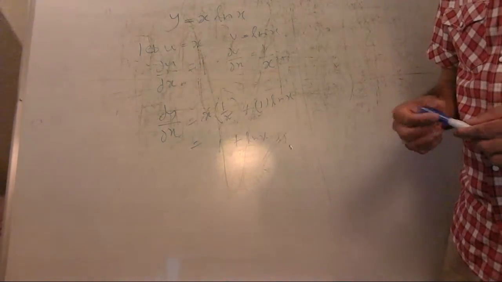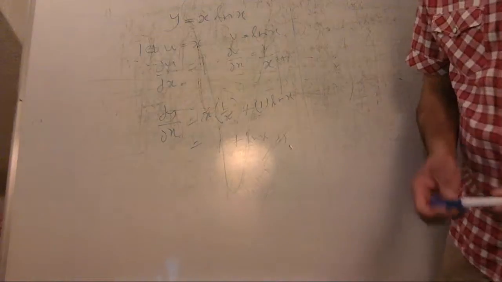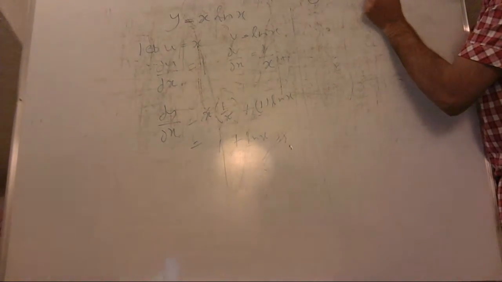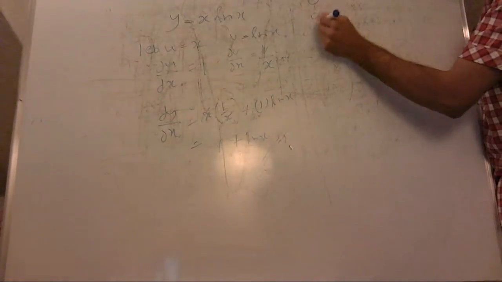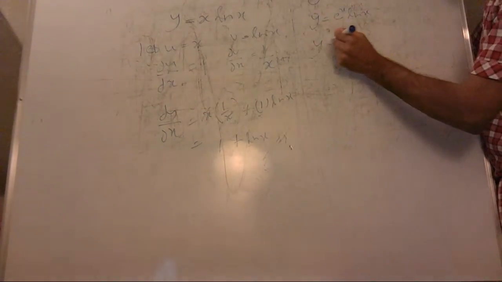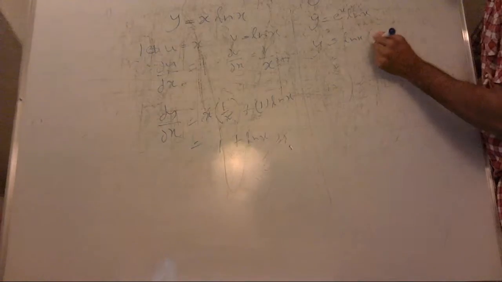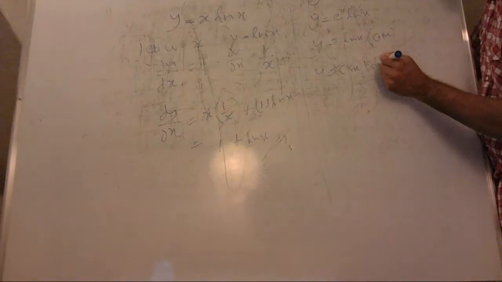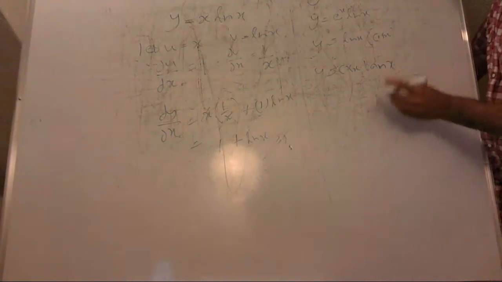That's product rule for you, and keep practicing. You can make any sort of question and practice. I'll write some questions for you to practice. So let's do y equals sin x cos x, y equals e to the x ln x, y equals ln x cos x, y equals cos x tan x. Actually this one you can simplify, as you see.